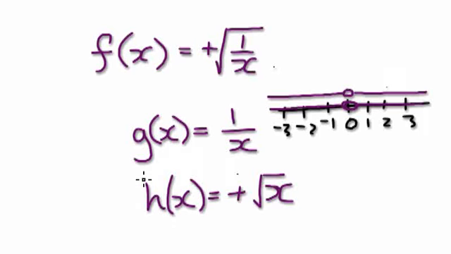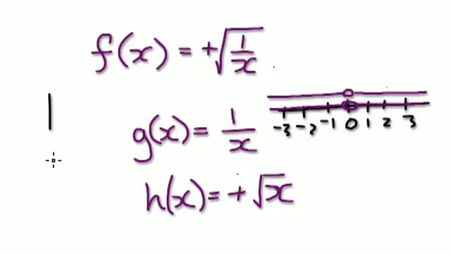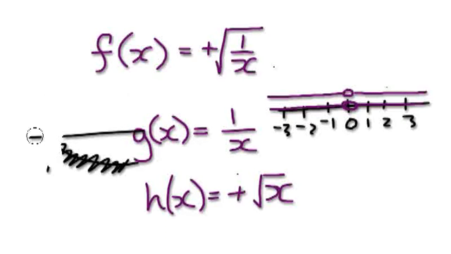Now if you look at the domain for this function here, remember your square root of x graph will look like this. But because we need to turn it into a function, we're going to ignore the negative side. So that's why we've got this positive root here. We are only concerned about the positive root. So bear with me on this.